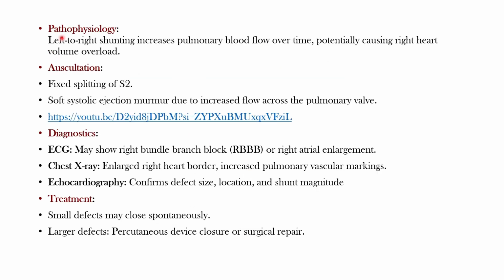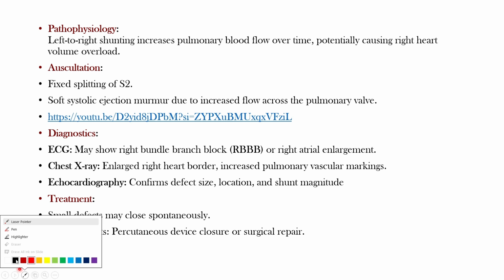For the pathophysiology, it's left to right shunting and increased pulmonary blood flow, over time potentially causing right heart volume overload. In the auscultation, we will hear a soft systolic ejection murmur. So let's hear it.